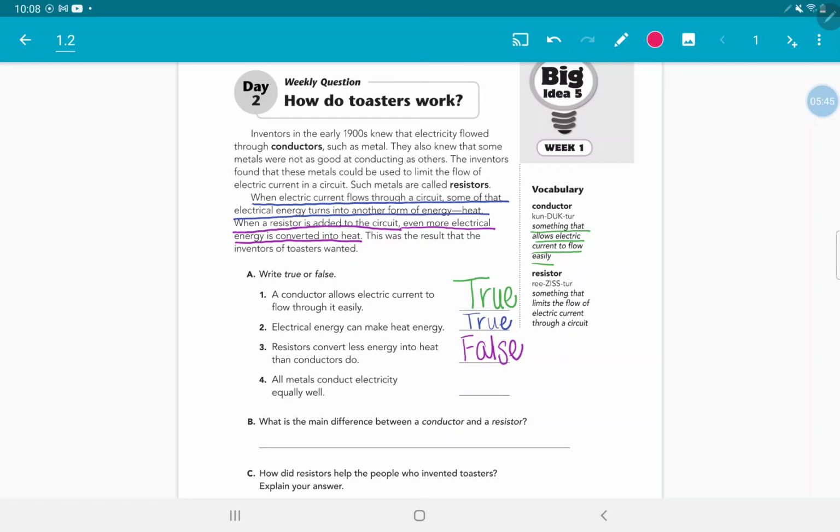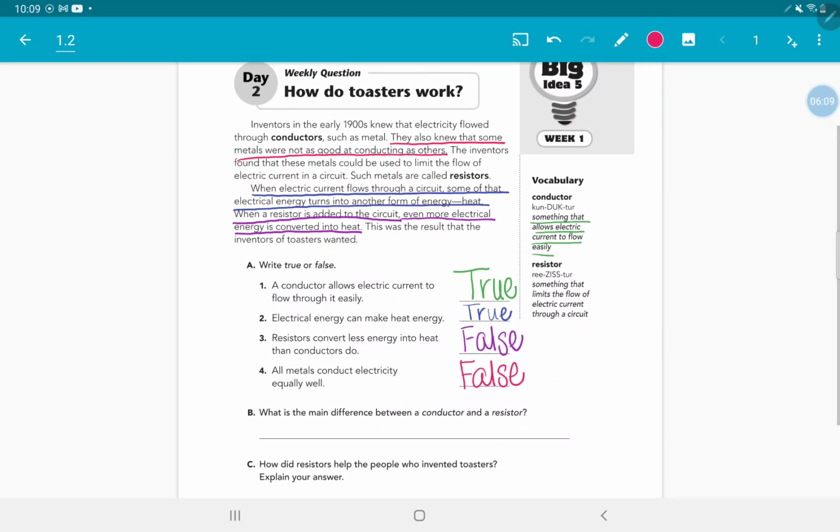The second sentence of the passage says they also knew that some metals were not as good at conducting as others. So if some are not as good, they can't be equal, can they? No. So that's going to be false. Okay, you have two more questions.